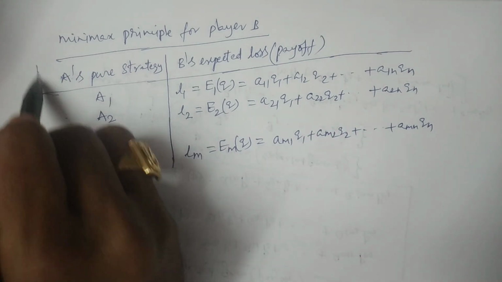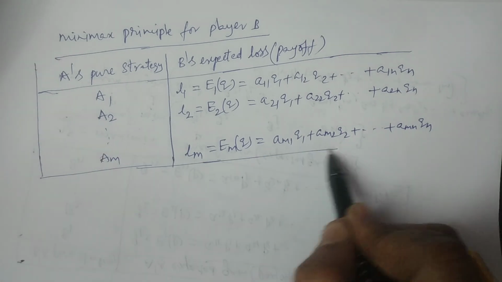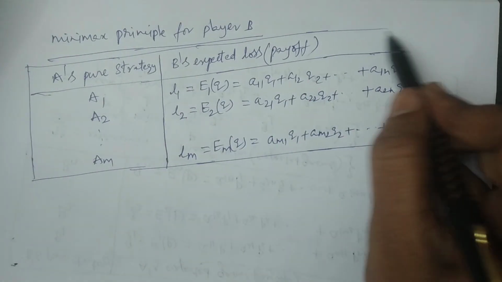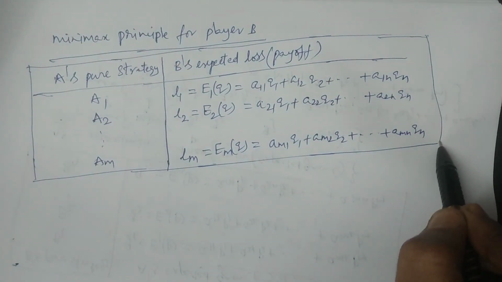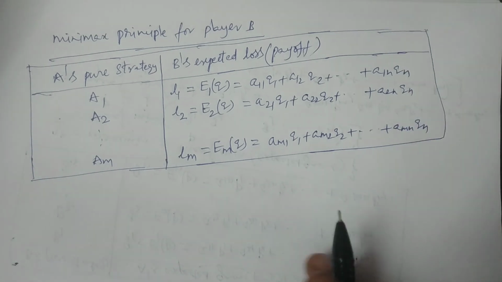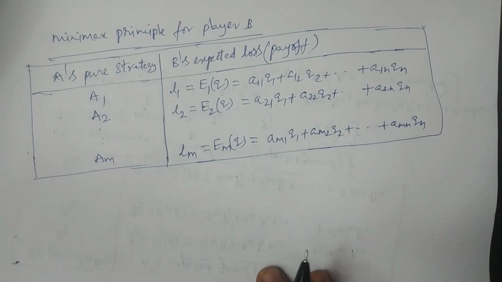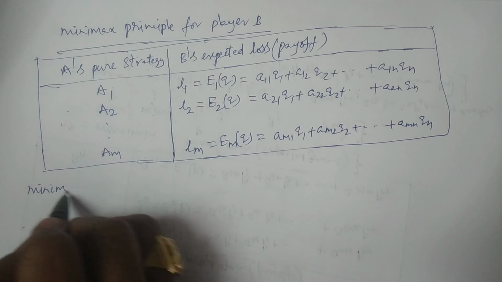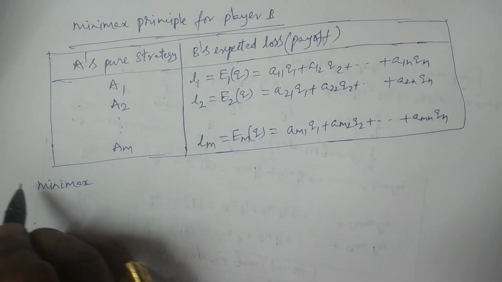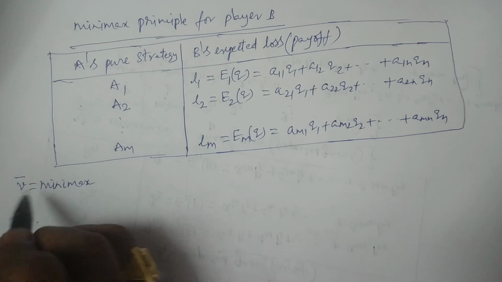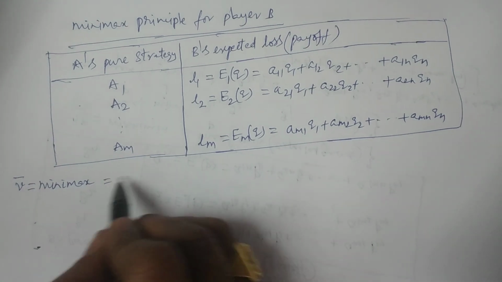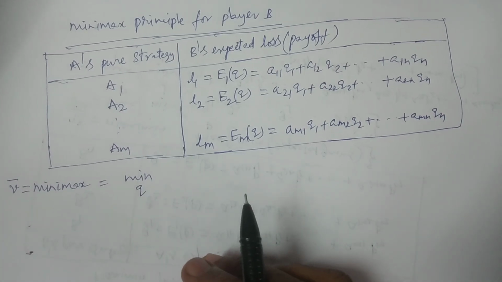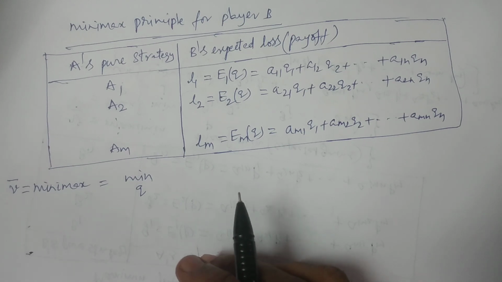So this table represents the maximum expected losses for player B. Is it clear? This is what the next discussion is about. This is a very big discussion in game theory. So now, how do we calculate the minimax value? The minimax value is represented by mu underscore, equal to the minimum of Q. You have to calculate one such probability which puts player B in a leading, good position.